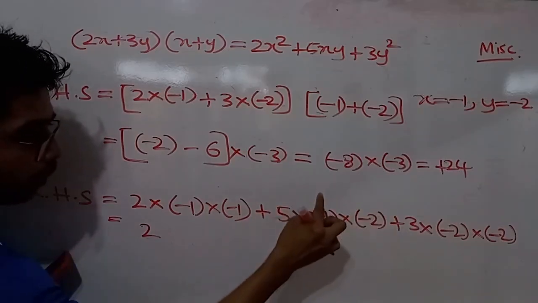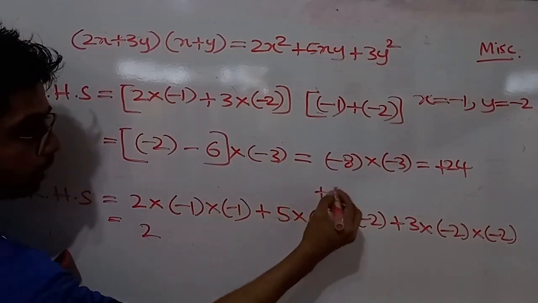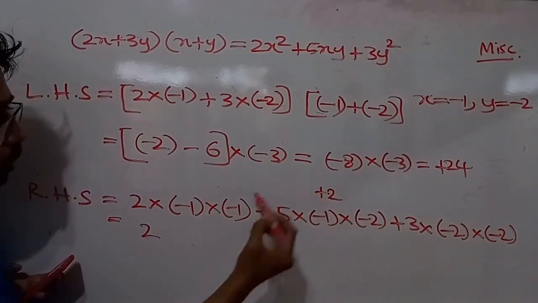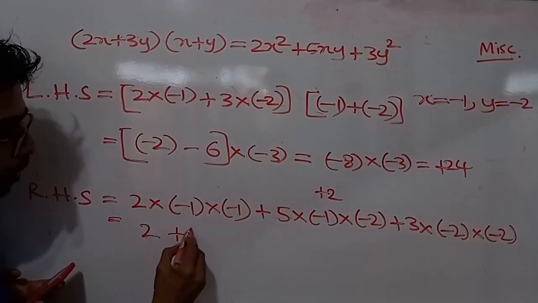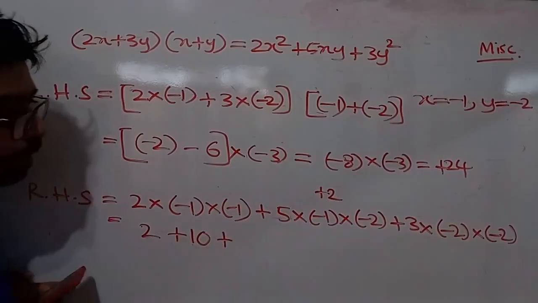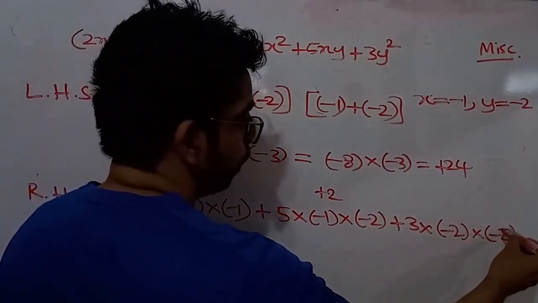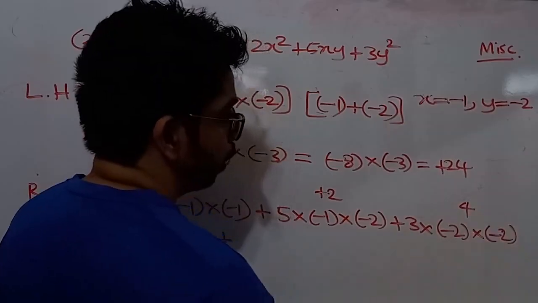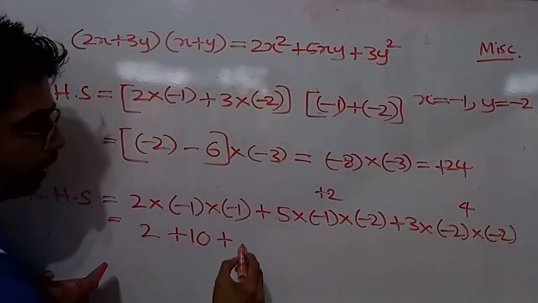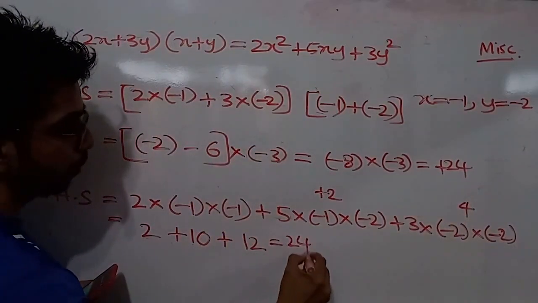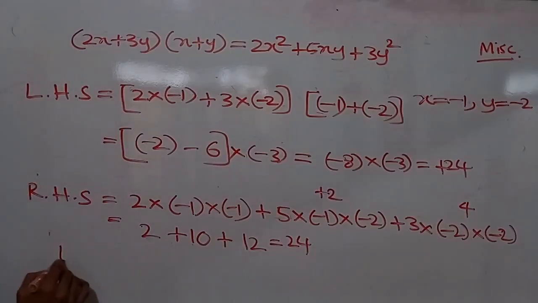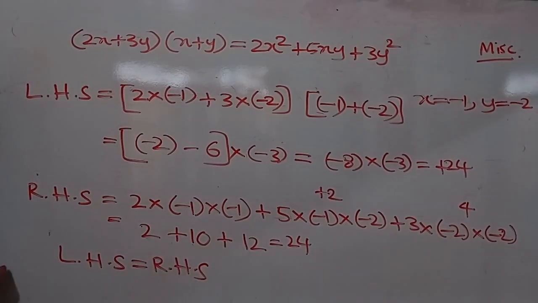Negative 2 into negative 1, that is positive 2. Positive 2 into 5, that is what? Positive 10. Right? So 2 times 2, that is 4. Negative into negative, that is positive 4. Positive 4 times positive 3, that is 12. So here we get what? 24. So here also, left hand side is equal to right hand side.